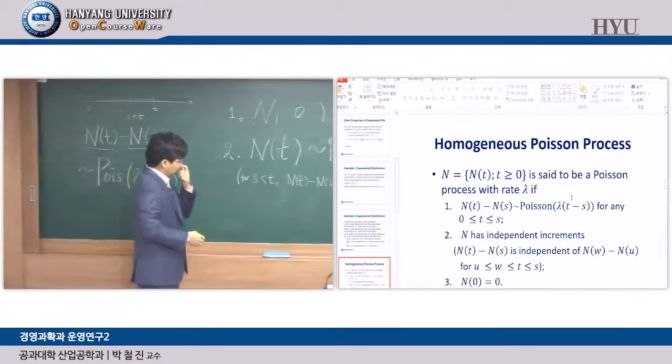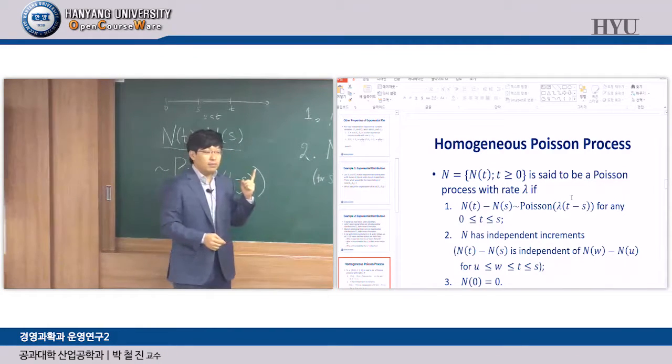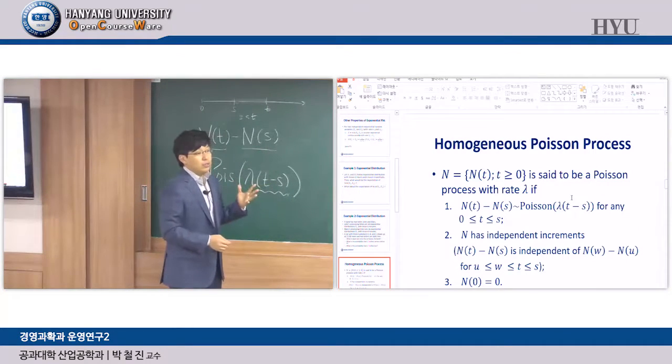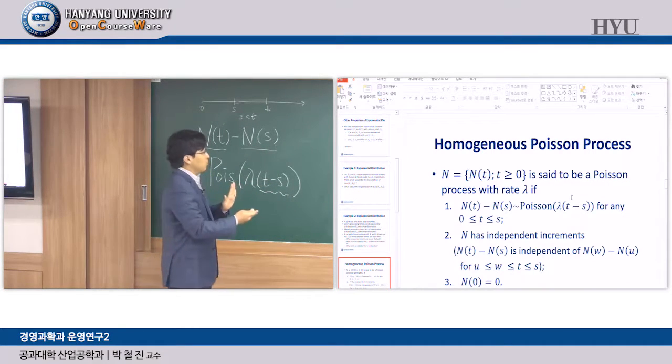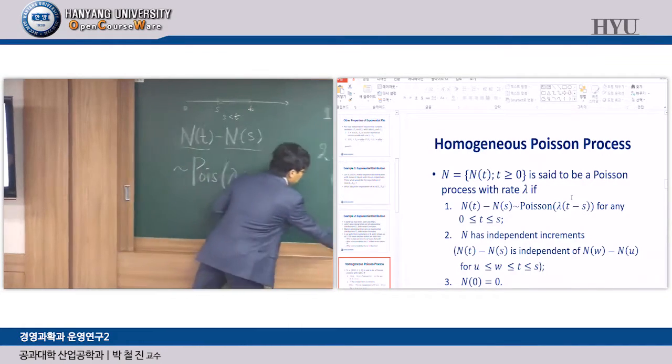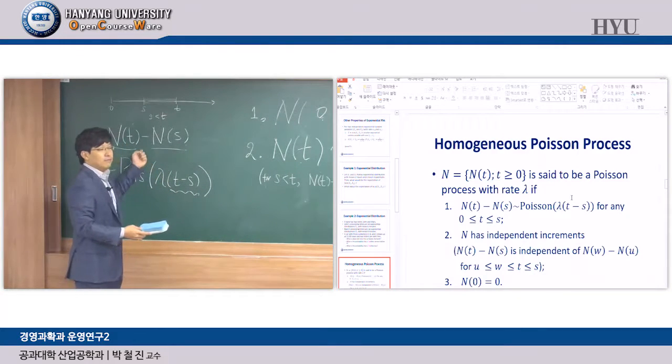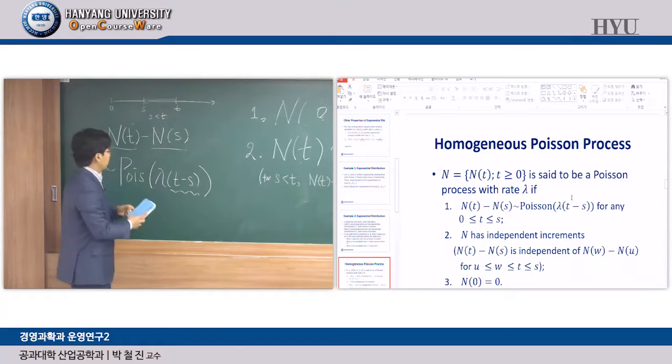And sometimes, generally, we can put the time measure with from and to. This one is the simplified version of how to represent a Poisson process.